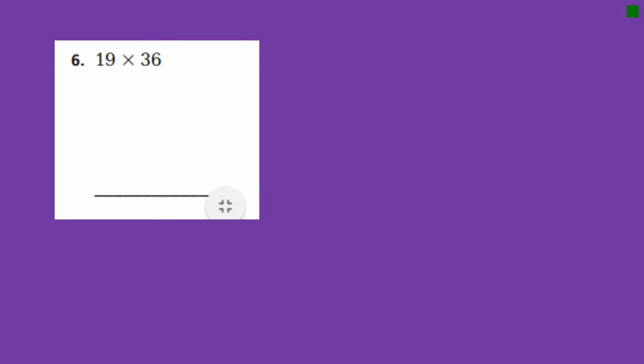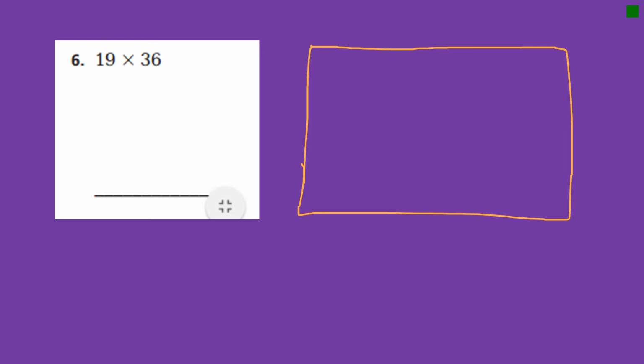19 times 36. So this is number 6, boys and girls. Okay, so did you find that one? All right, number 6. Let's make an area model. Okay, 19 rows of 36. So 19 rows of 36.